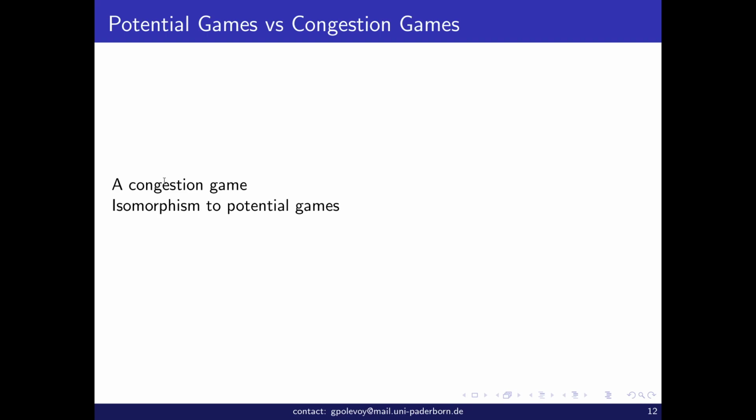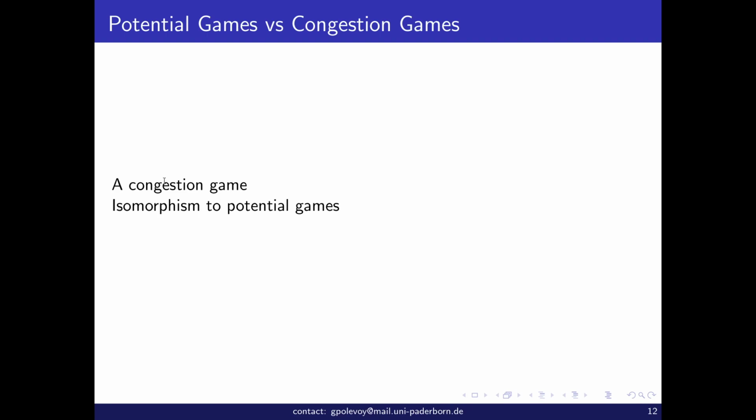And the player pays for each piece of the road. Let's say that the cost is the time it takes to go, and the more players use that piece of the road, the higher the cost becomes, the longer it takes to pass it. So it's a model called congestion games.